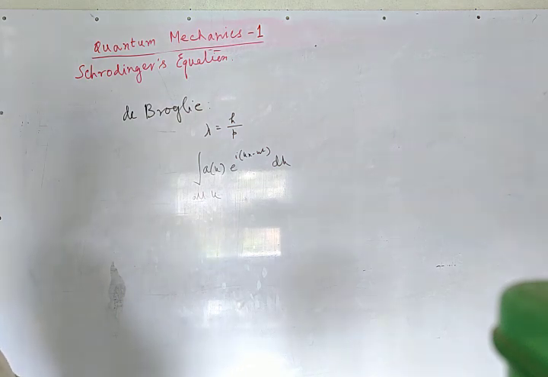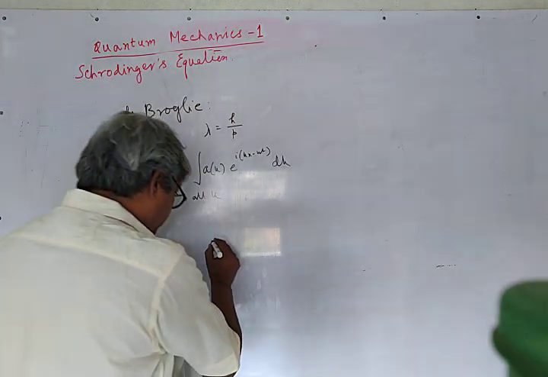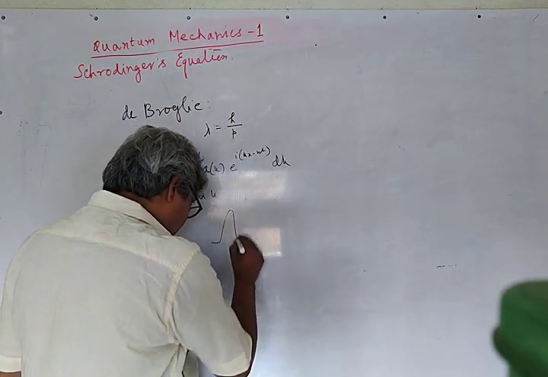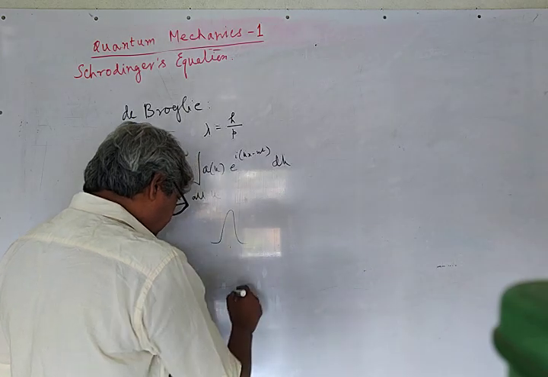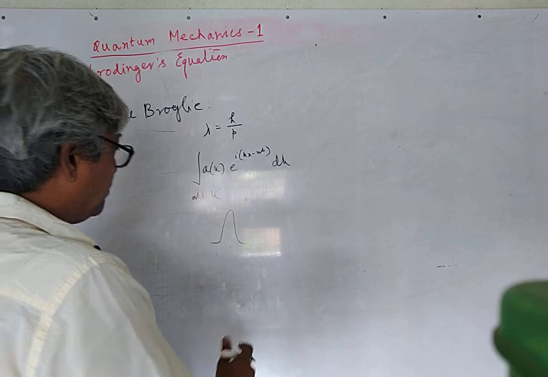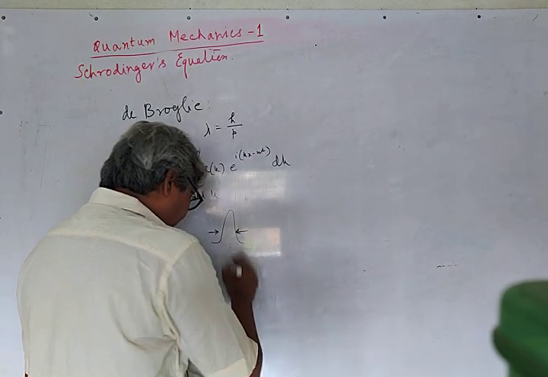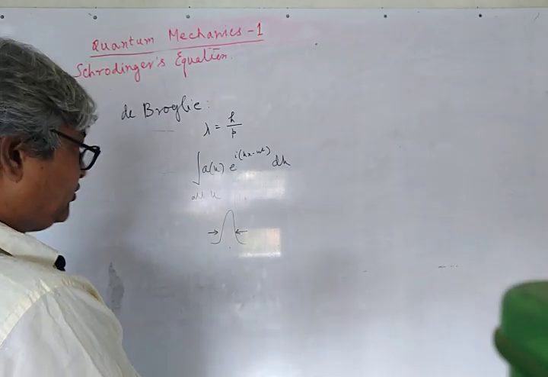What is the characteristic of the de Broglie wave? The de Broglie wave should have a large amplitude right on top of the particle and zero elsewhere. Furthermore, the width of the wave must be comparable with the physical dimension of the particle.